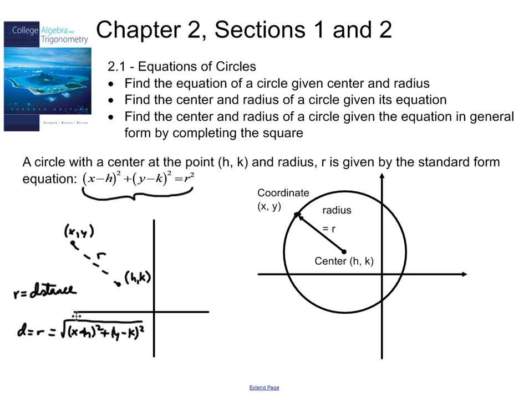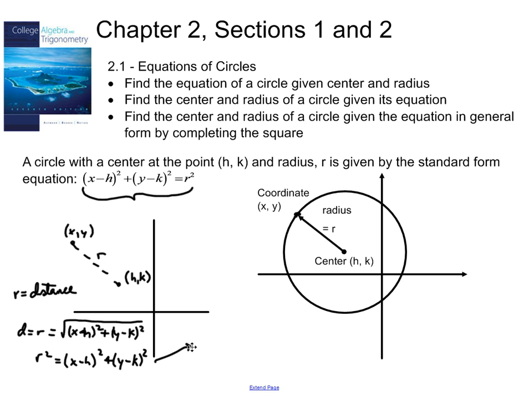If we want to get rid of the square root on both sides, we square both sides, so r squared is equal to (x minus h) quantity squared plus (y minus k) quantity squared. And this is our standard form.